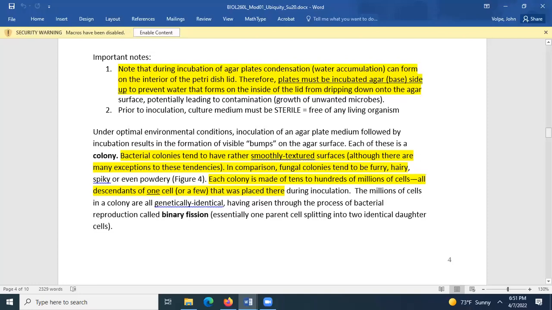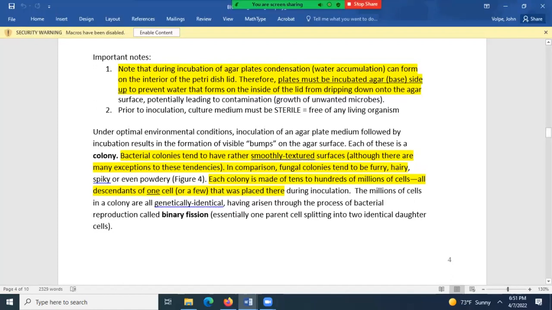Bacteria colonies will grow on the agar plate, and bacteria colonies have a rather smooth textured appearance, although there can be exceptions. In comparison, fungal colonies tend to be furry or hairy.